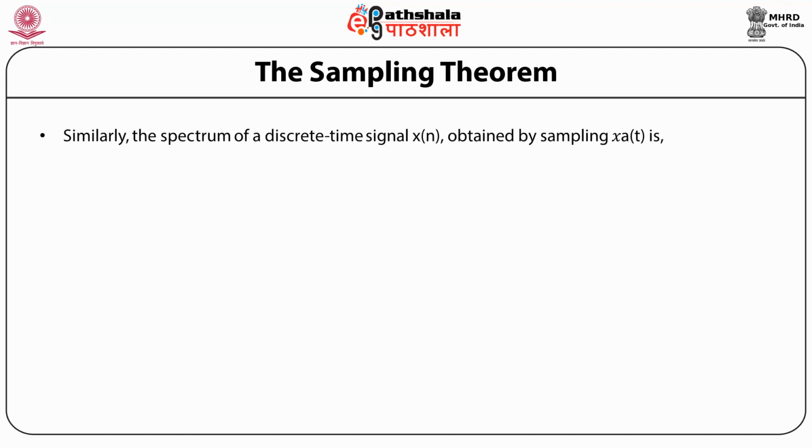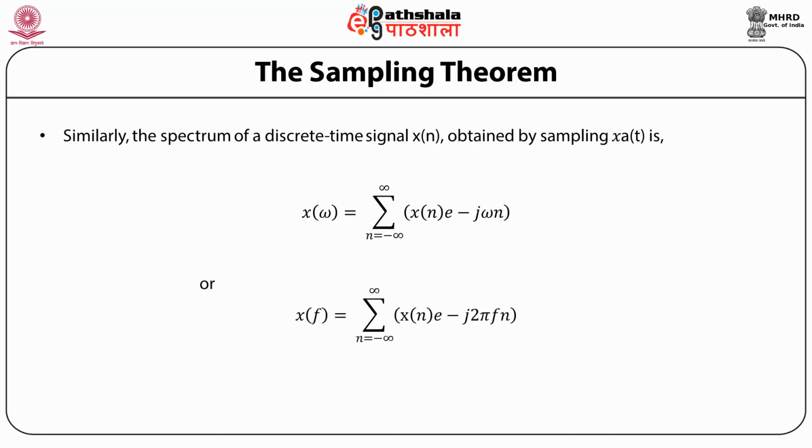Similarly, the spectrum of a discrete time signal x(n), which is obtained by sampling x_a(t), is X(omega) equal to summation n equal to minus infinity to infinity over x(n) exponential minus j omega n, or X(f) equal to summation n equal to minus infinity to infinity over x(n) exponential minus j 2 pi f n.